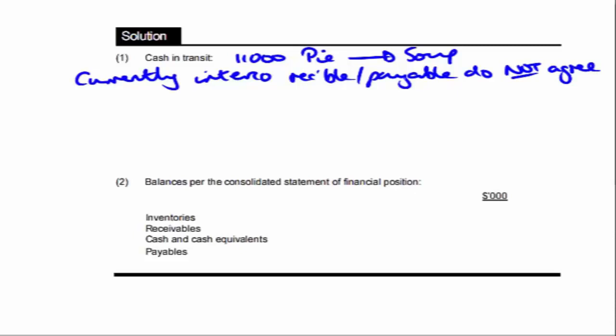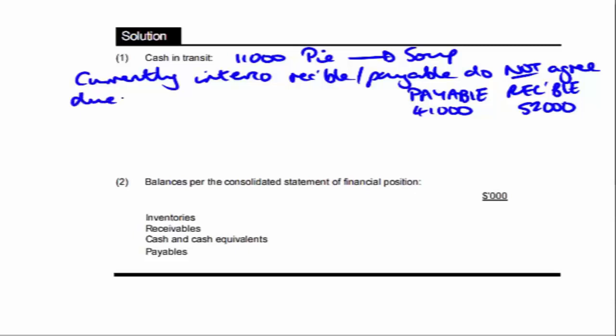And as it stands at the moment then, we've got a payable within the group accounts of 41 and a receivable within the group accounts of 52. And the reason that these accounts don't agree is due to cash in transit at the year end.